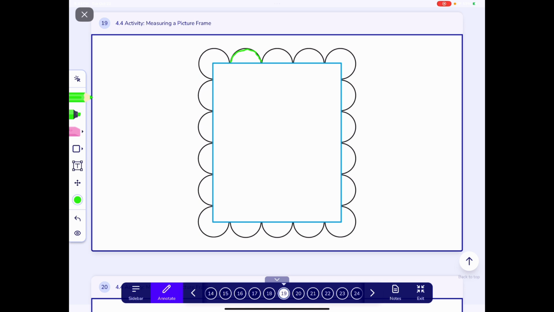So there's 6 half circles altogether. 6 half circles. And now we have the corners. There's 4 corners. 4 corner circles.